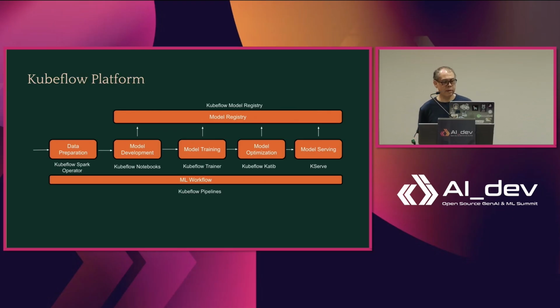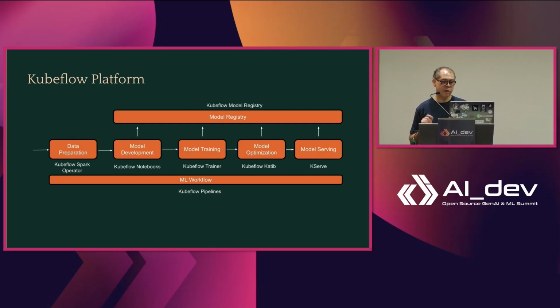So specifically, Kubernetes and Kubeflow. Kubeflow is a project that allows you to run all these different steps on top of Kubernetes, and it does have components for each one of these areas. For data prep, it has a Spark operator. For model dev, it has Kubeflow notebooks, and for registry, it has a Kubeflow model registry. To train the model, it has the component we'll be talking about specifically today, the Kubeflow trainer.